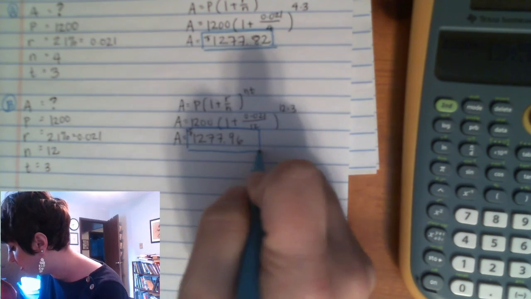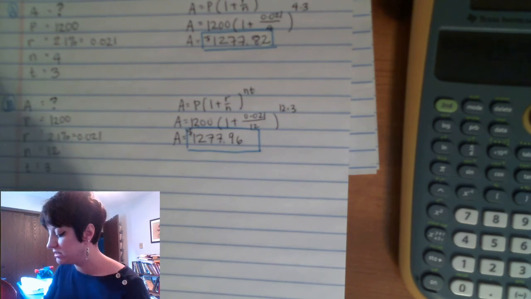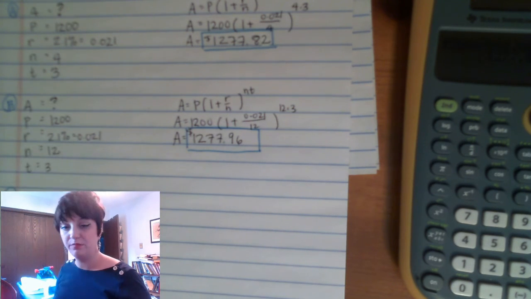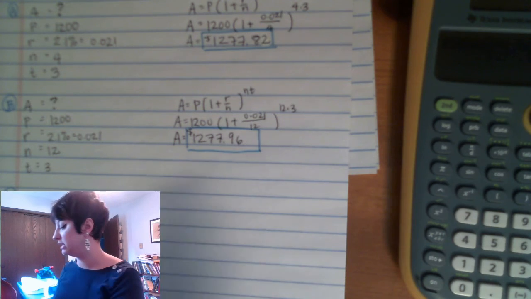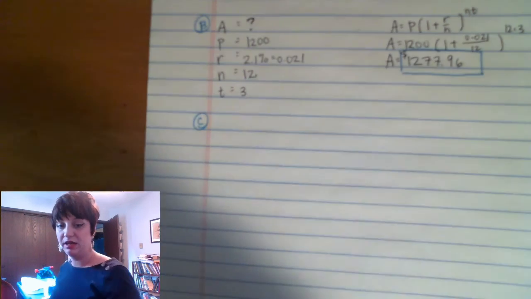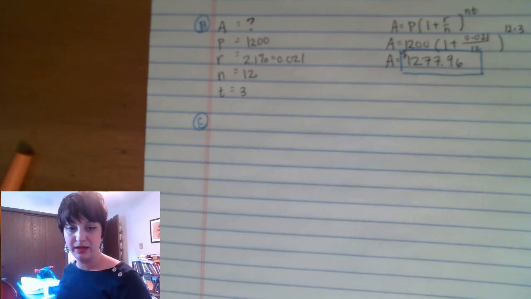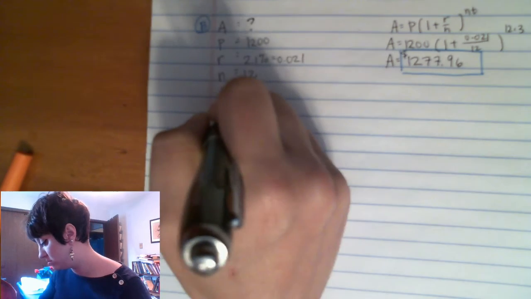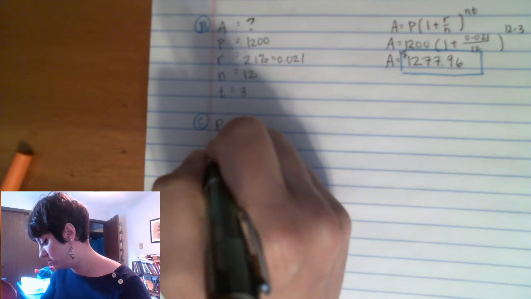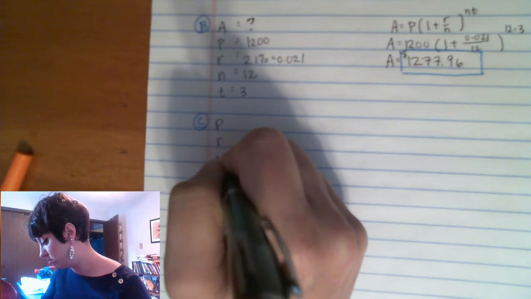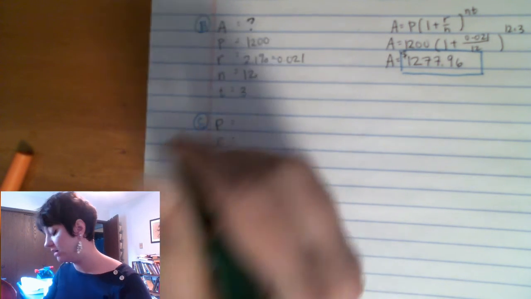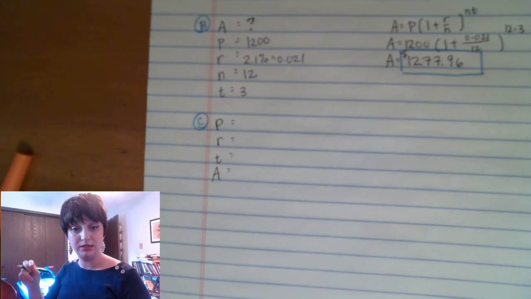All right. Now the last one, C, says compounded continuously. Now because it says continuously, that means I'm using PERT. All right, now with the PERT, remember e is a number, so it doesn't go in my list.